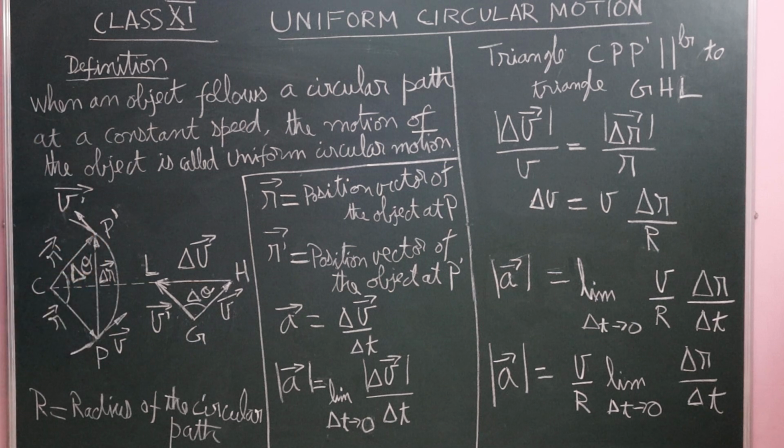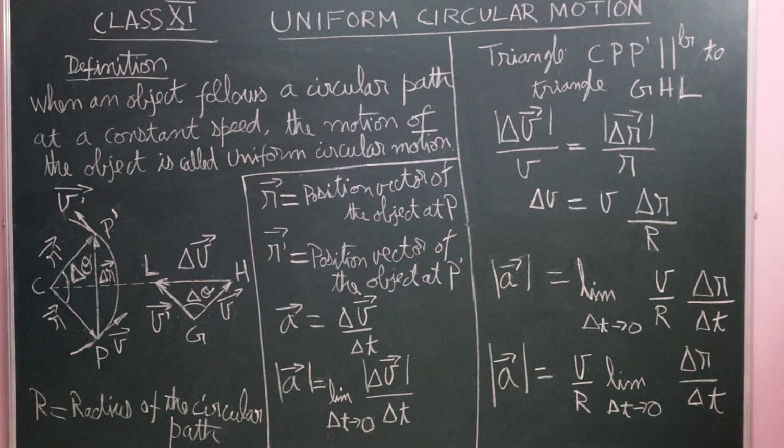Therefore, the velocity of the object at point P dash is v dash vector. The position of the object at point P dash is R dash vector with respect to center C. When the object moves from P to P dash, its position is R vector initially, then R dash vector.